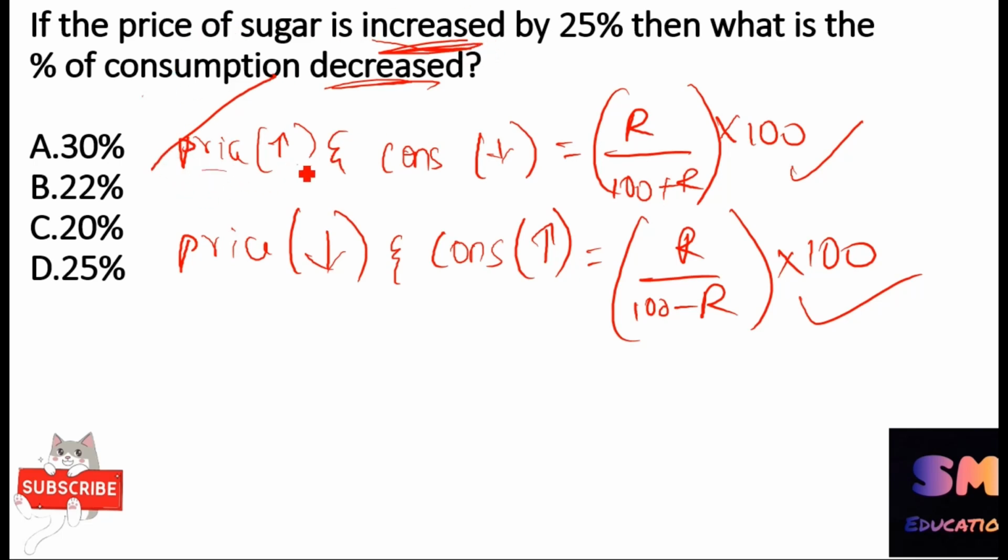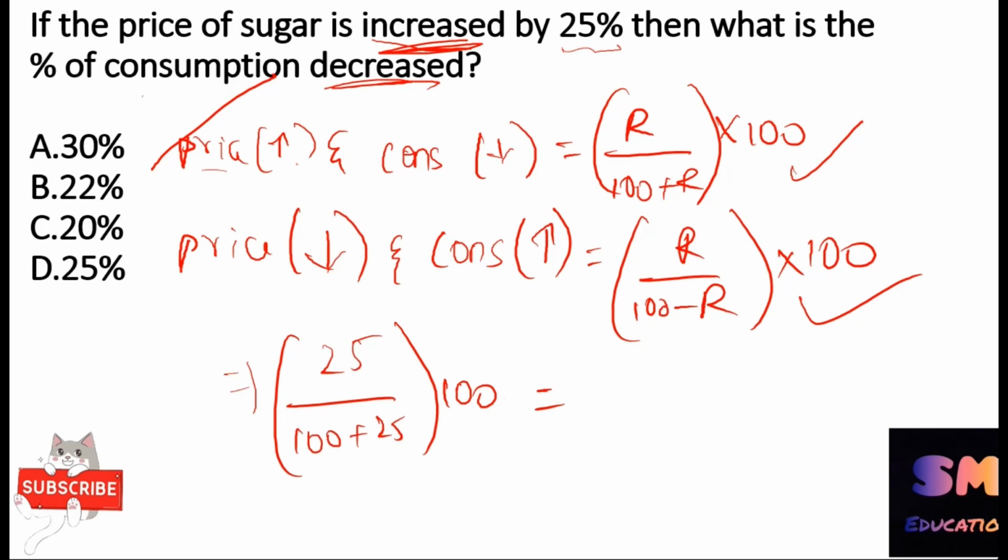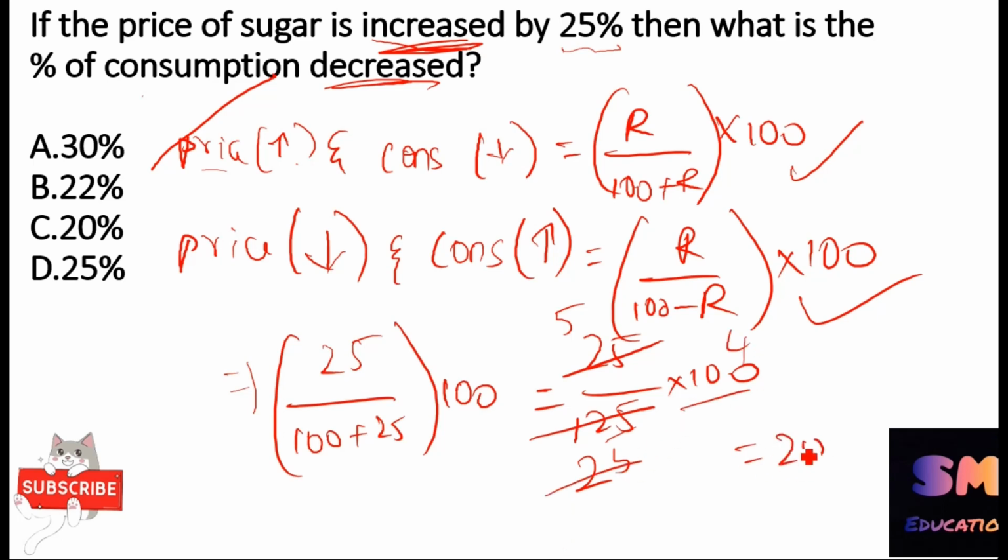If we substitute R as 25%, 25 by 100 plus 25 into 100. This will give you 25 by 125 into 100. 5 5s, 5 2s and 5 5s, 25 4s. So 20%. So consumption decreased by 20%. So option C is the answer, 20%.